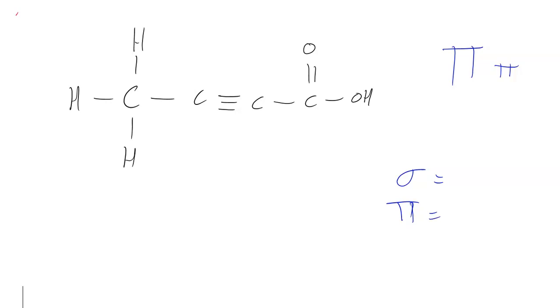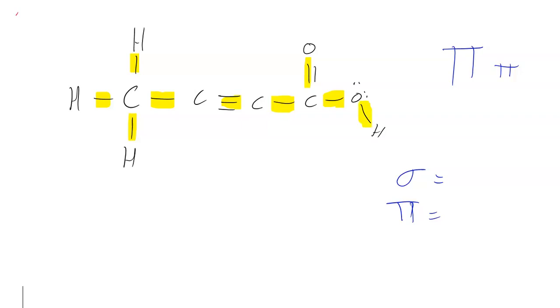Okay, so let's count the bonds. You got 1, 2, 3, 4, 5, 6, 7, 8, and don't forget the OH. This is what organic does. They stick it together, but OH is not an element. There's actually a guy right there that's a bond. Technically, this guy is going to be bent like water, 104.5 or less than 109.5 and 2 lone pairs.